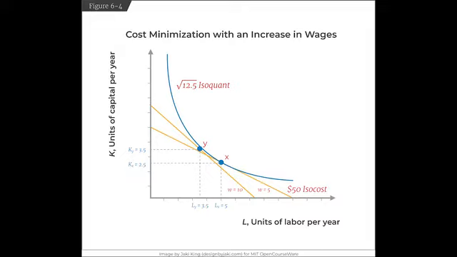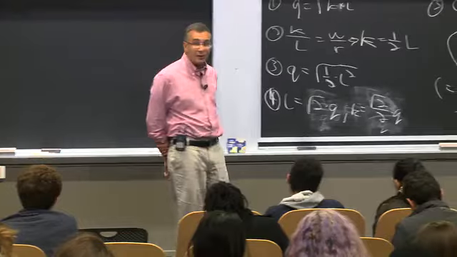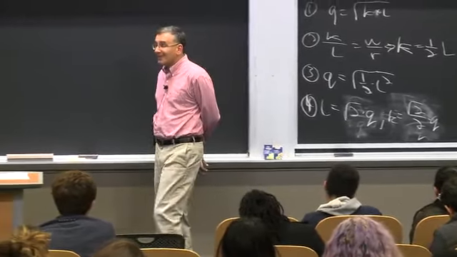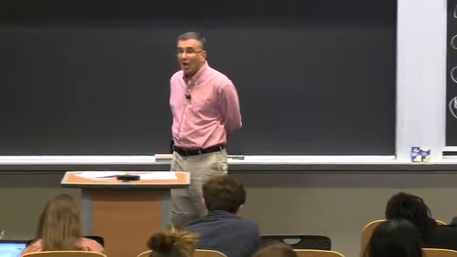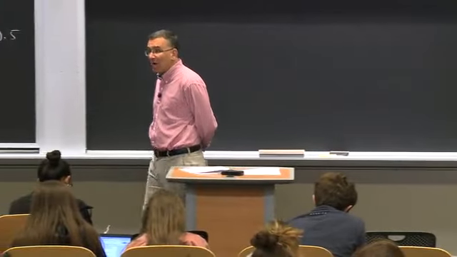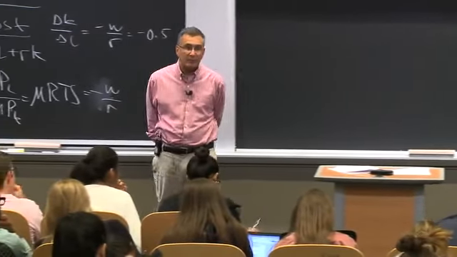Okay? And you can see that graphically. You're looking for the tangency between this curve and the line. The slope of the line just got steeper. Therefore, you must move to the left on the curve. It's the same proof we used for why the substitution effect was always non-positive. Okay? It's the same intuition for why a rise in the wage rate will lead you to hire fewer workers and more machines.